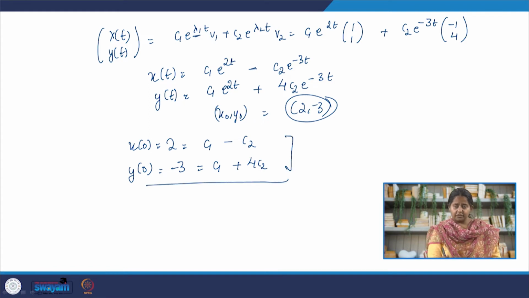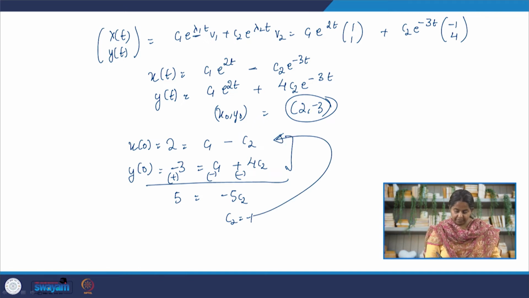Now we can solve these two together. So C2 is equal to minus 1, substitute it here, and we get C1 is equal to 1, right?